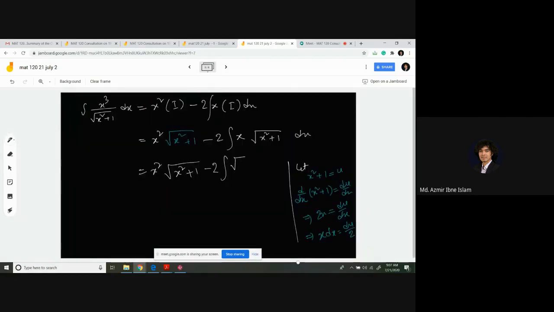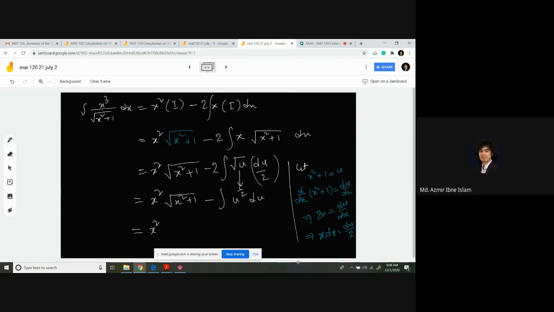Is that okay? Okay, so let's say it is u, and then we are getting du by 2. So from here you can see that 2 and 2 can be cancelled. We have just x squared root over x squared plus 1, and just this part can be written as u power 1 by 2 du.